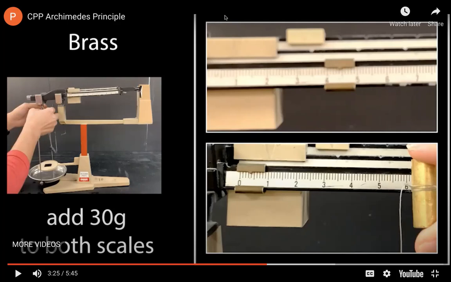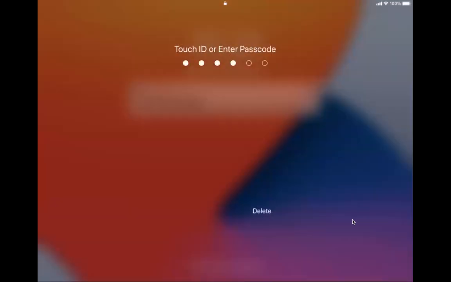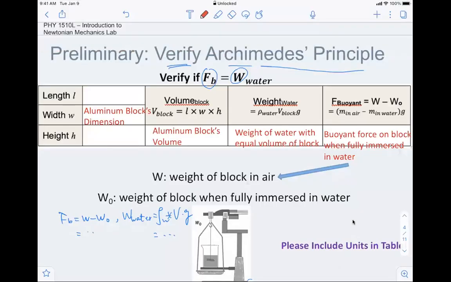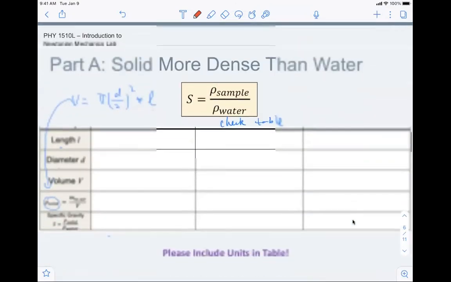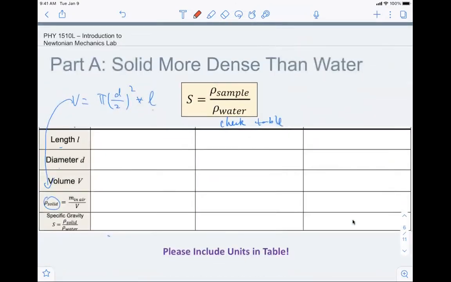And you might wonder, couldn't you also just use its own density divided by the density of the water? Of course we could. So as a check, you could try to verify your results by simply calculating its density directly, because while we measure these objects' dimensions, we can find its volume using the formula, and we can find the mass of the object by putting it on a scale.